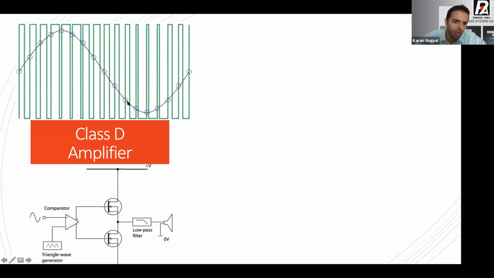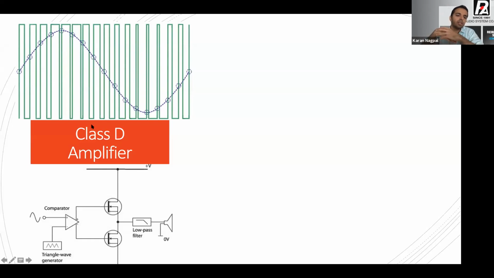And then we have class D, which is increasingly growing popular. What happens in class D? You have a triangular wave generator, and it's using it on your input signal. So it is superimposing your high frequency generator on your input signal, and you can see the width of the on-off state.